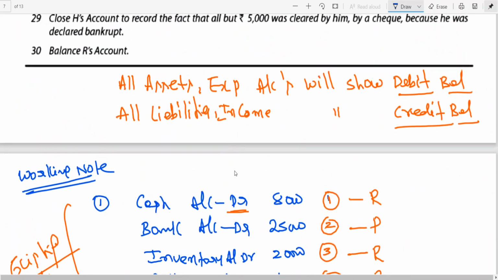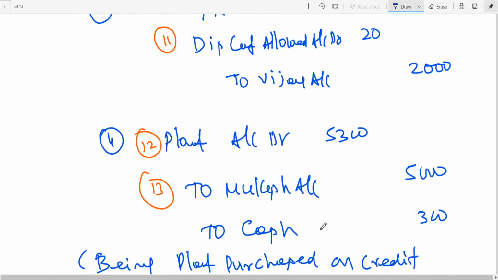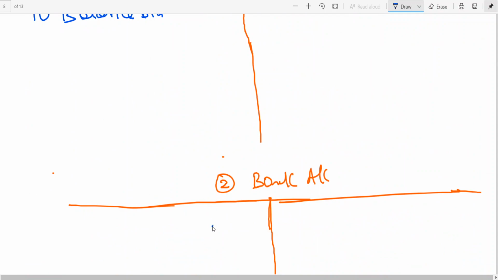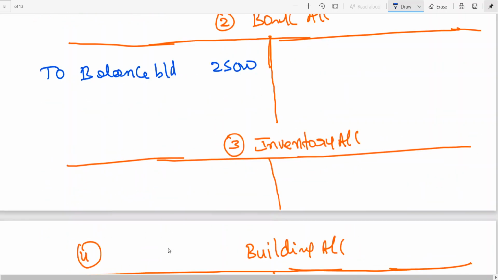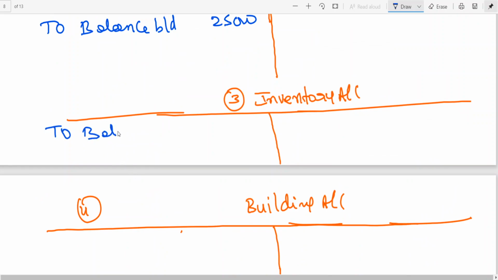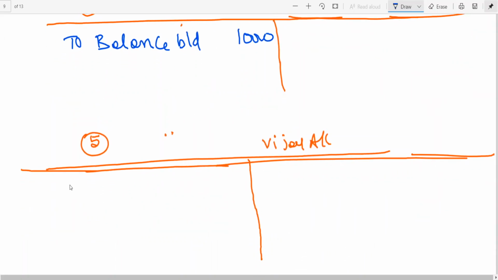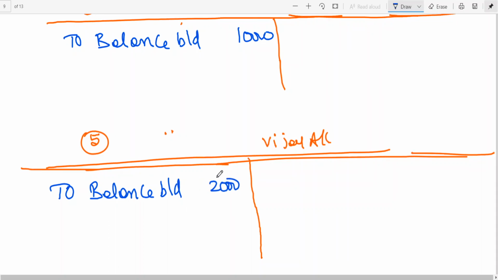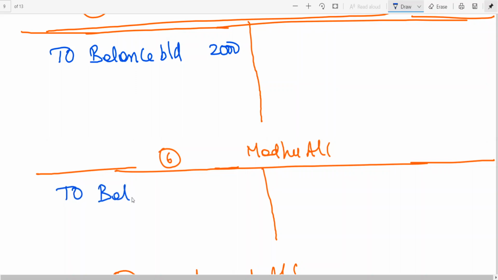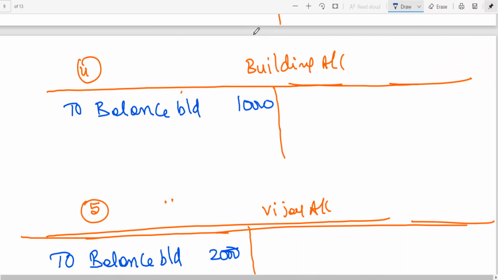Cash account 8,000, then comes bank 25, inventory 20, to balance brought down, to balance brought down 2,000.